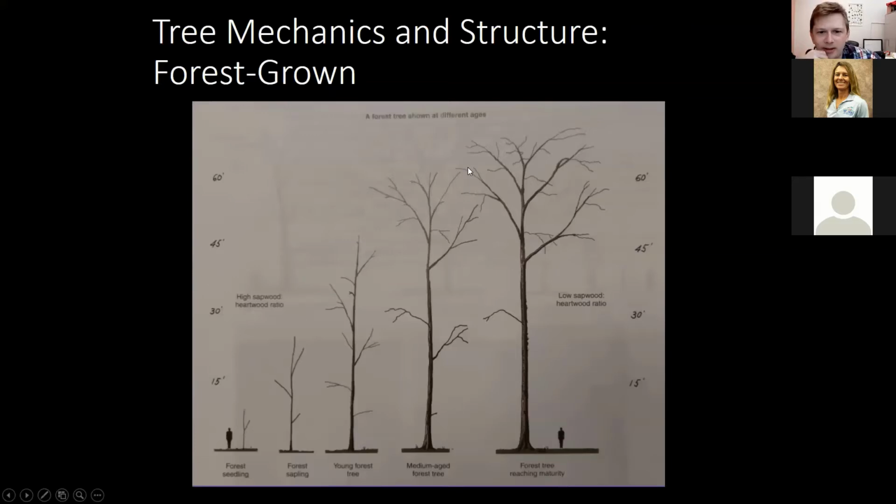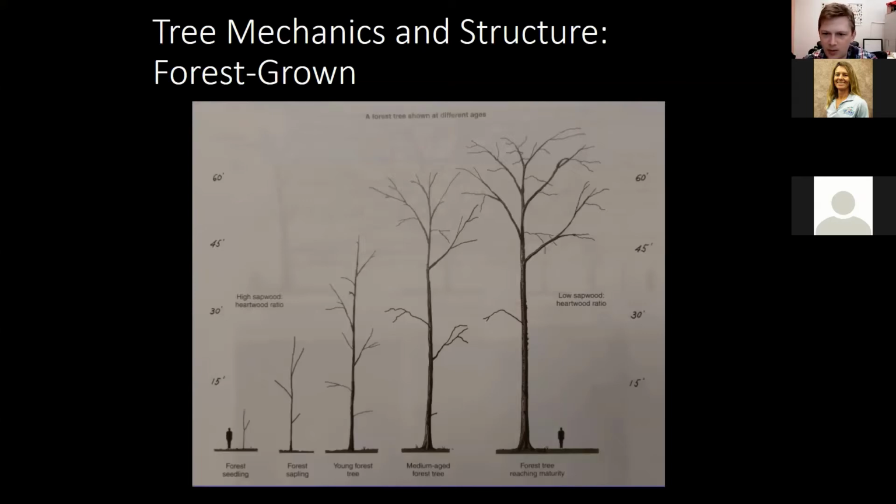Something else to think about is how trees grow in nature. A lot of times they grow straight up, and the reason is that they're growing in forests. They're trying to grow towards light gaps in the canopy, and that forces there to be only one stem.